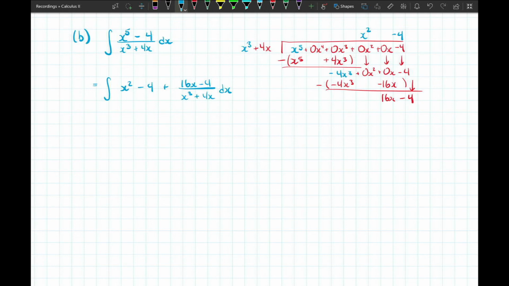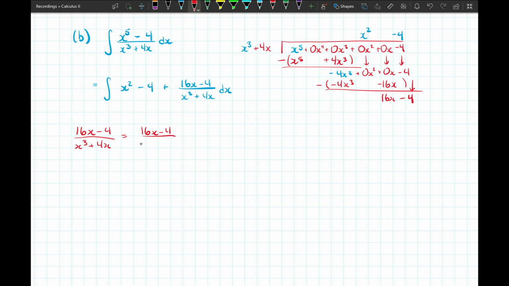So we'll come back to this integral here in a moment, and let's continue with partial fractions on 16x minus 4 over x cubed plus 4x. Now, we can certainly pull a common factor out of the numerator, but we're more interested in the denominator with partial fractions. So I'm just going to keep that as 16x minus 4 for the time being.